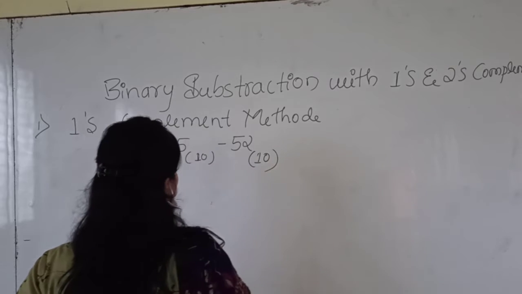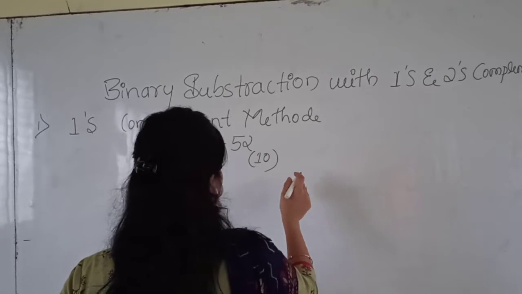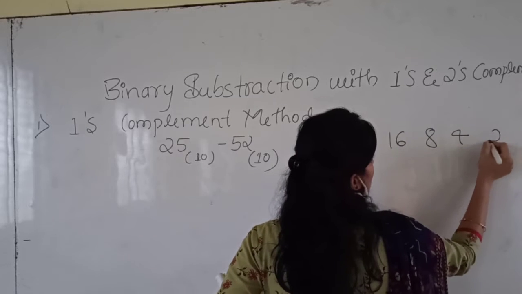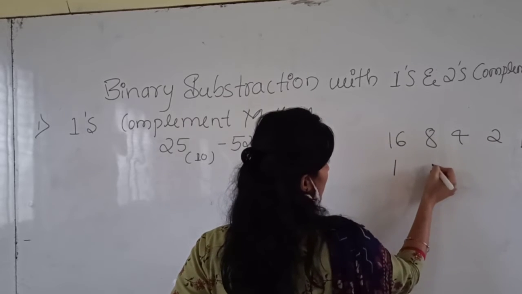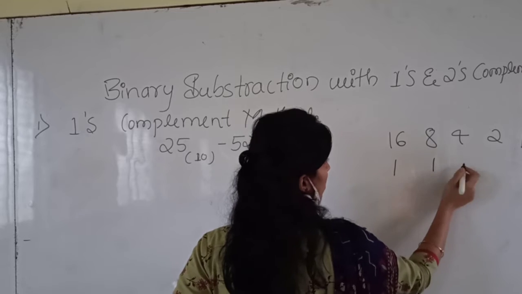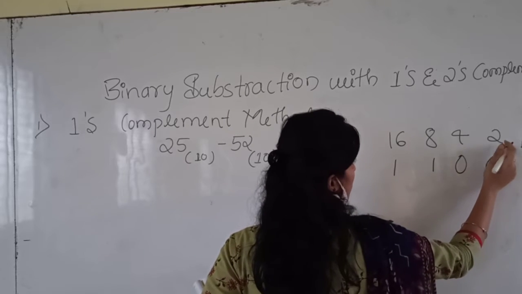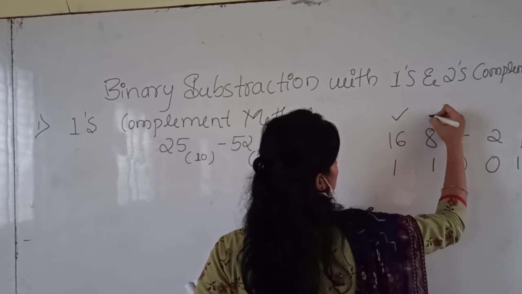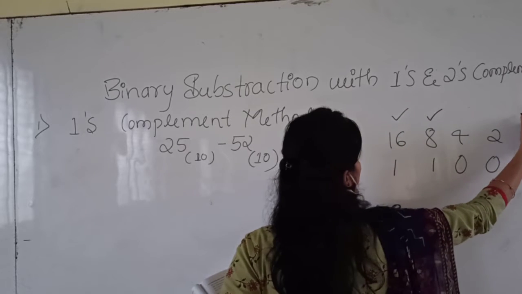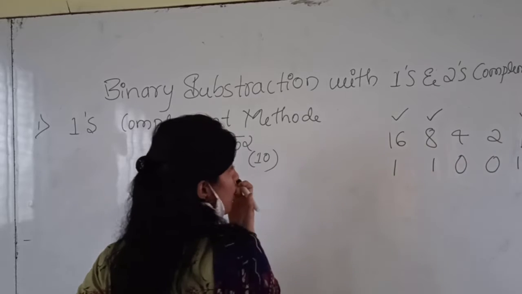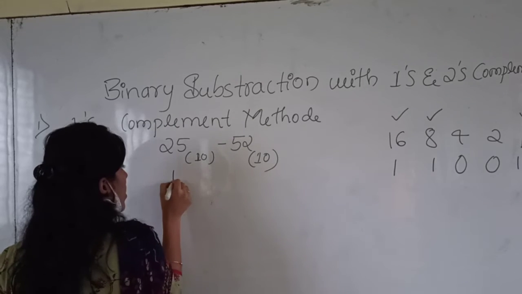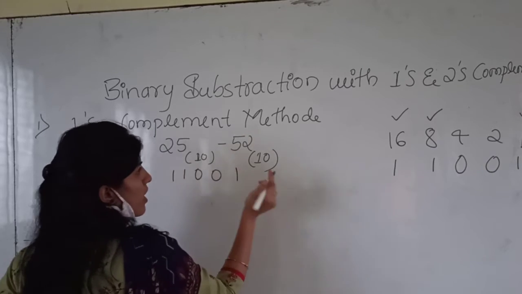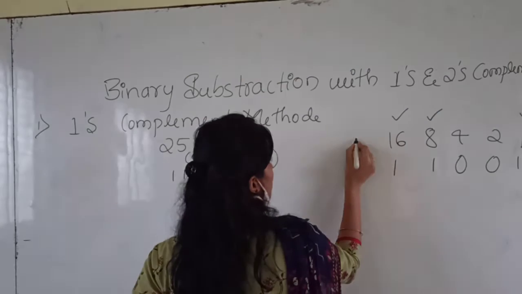Just write a binary equivalent of both decimal numbers. For 25, 16 plus 8 is 24, plus 1 is 25. It is 1 1 0 0 1.